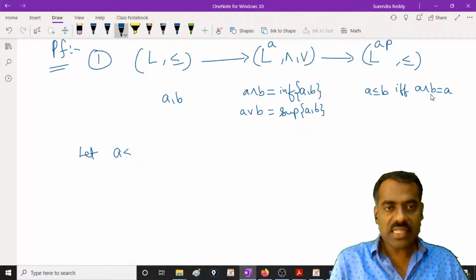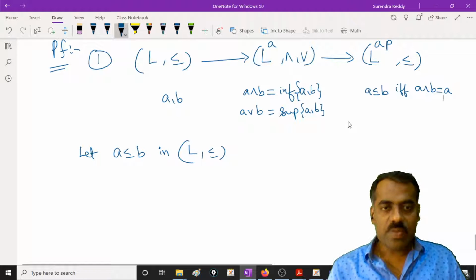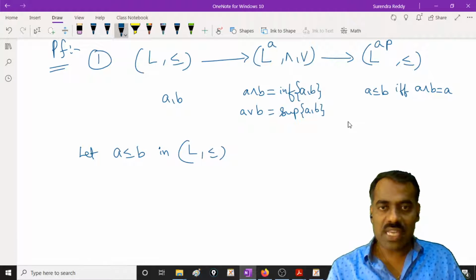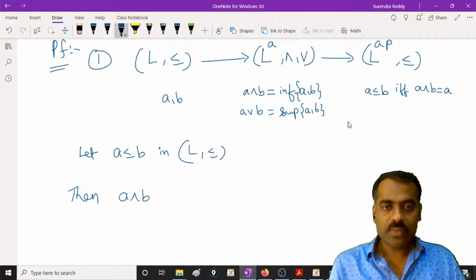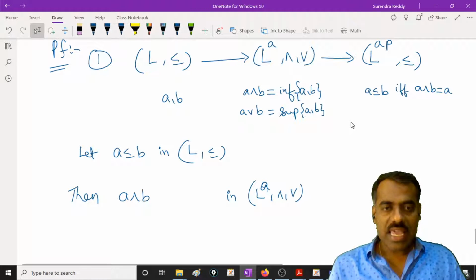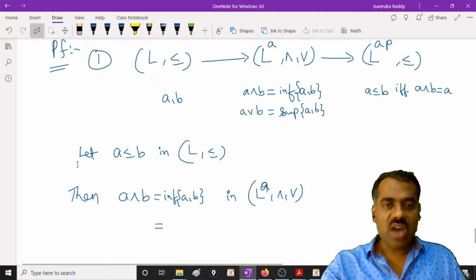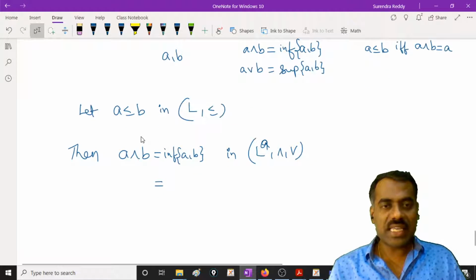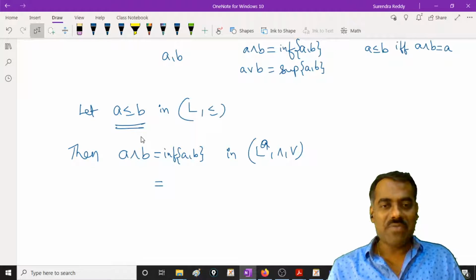Start with let a be less than or equal to b in this L. I want to differentiate these things carefully. Now because a is less than or equal to b, what can you say about their join and meet in the lattice algebra? What can you say about a meet b? By definition it is the infimum of a, b, but here you already have a less than or equal to b.